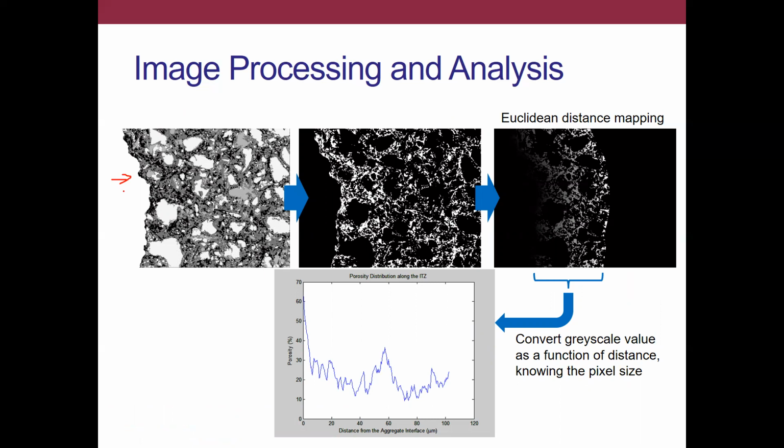And so what that does is essentially finds your nearest neighbor to that interface. So it's not a direct one-dimensional offset to generate the ITZ. We're actually considering through this method basically the two-dimensional tortuosity of that interface.